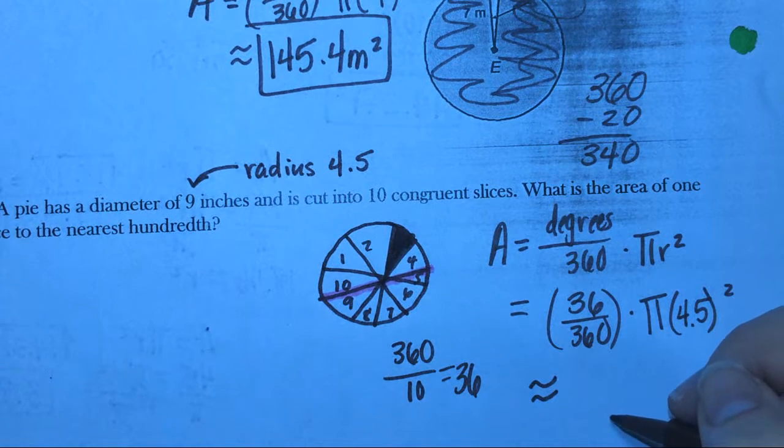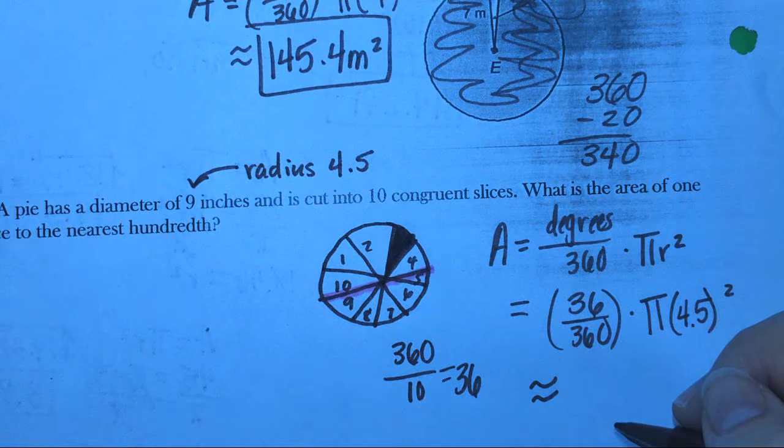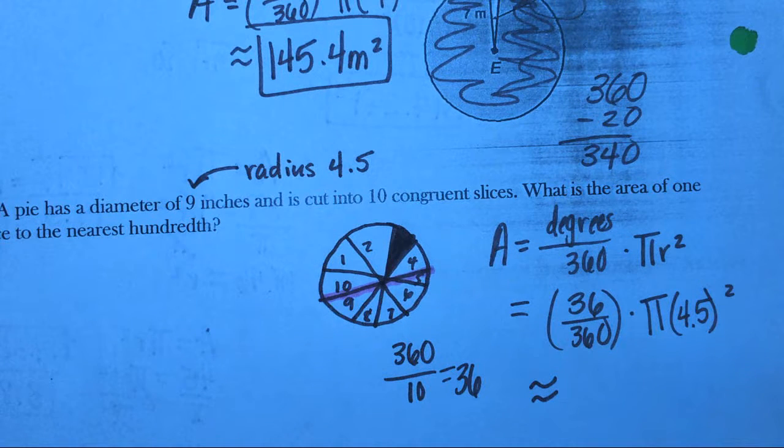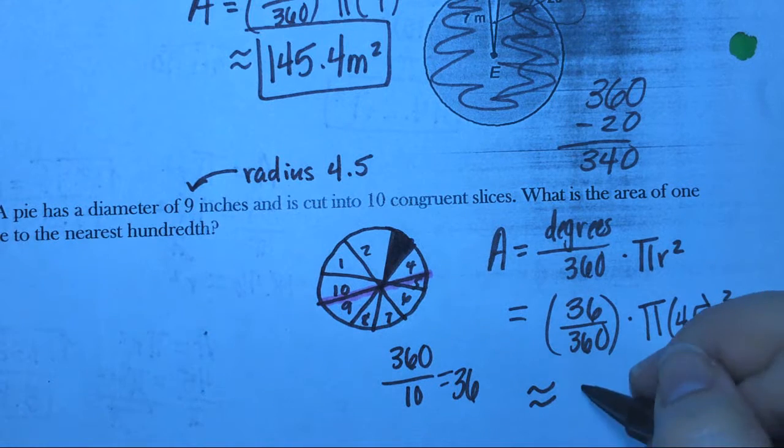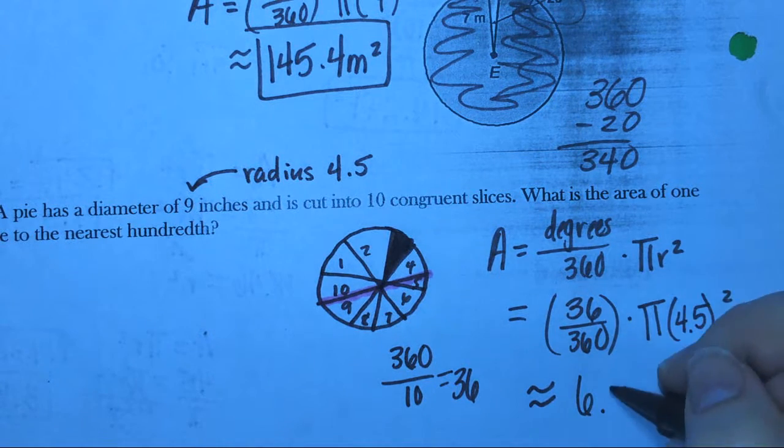22.9. Ooh. Really? Do it again. That's not what I got. Yeah, I got 6.36.